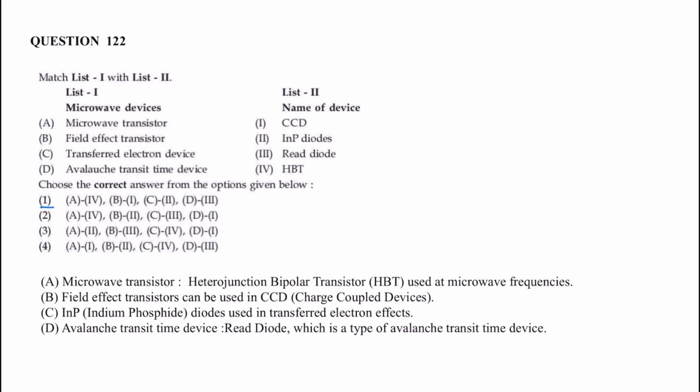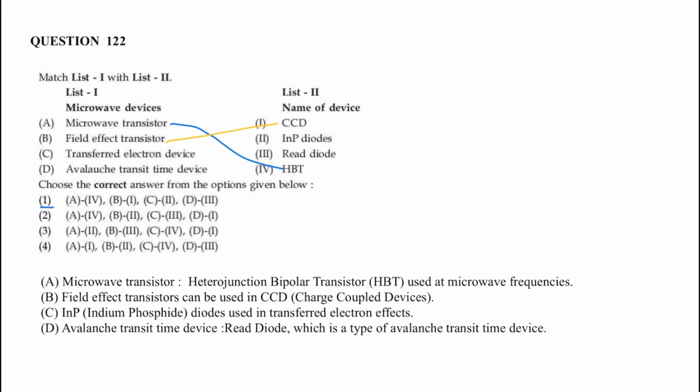Next question. Microwave transistor, heterojunction bipolar transistor used at microwave frequencies. So microwave transistor is HBT, heterojunction bipolar transistor. Field effect transistor can be used in CCDs, charge coupled devices. Next, indium phosphide diodes are used in transferred electron effects.